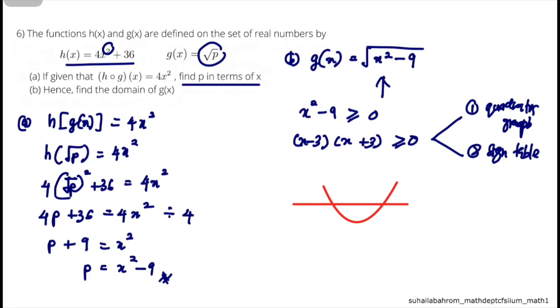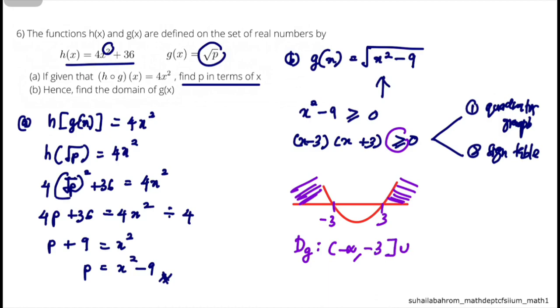So you will have a smile graph, and we need to put the zeros here. We have negative 3 and 3 as the zeros. Since it is bigger than or equal to, the shaded area is on the left and on the right, or above that line. Therefore, the domain of the function g is negative infinity until negative 3, closed, union, closed 3 until infinity. So this is the domain for the function g.